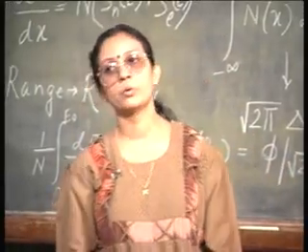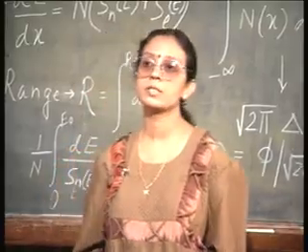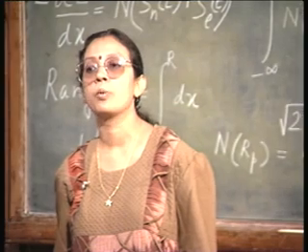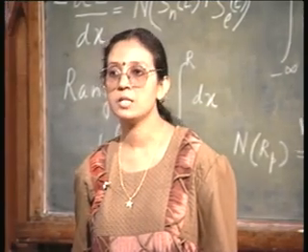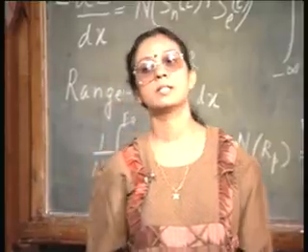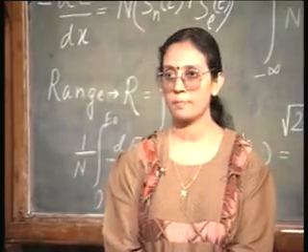But before we go for those things, let us come back to our original point of discussion, and that is the stopping mechanism. The ion is going to lose energy once it is inside the semiconductor, and how exactly is it going to lose the energy?